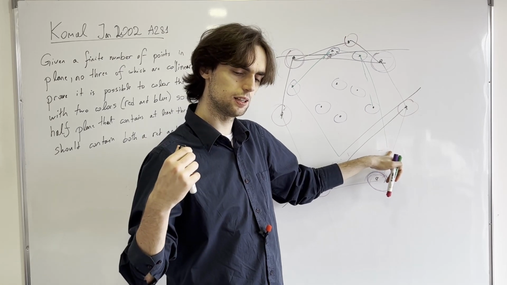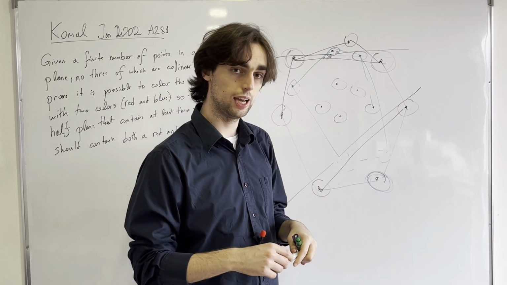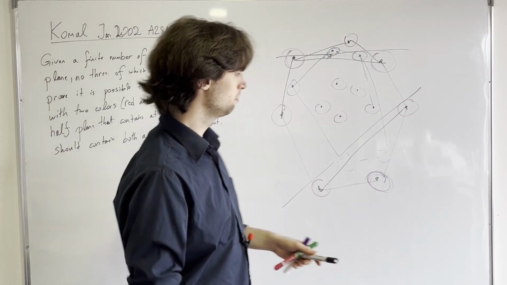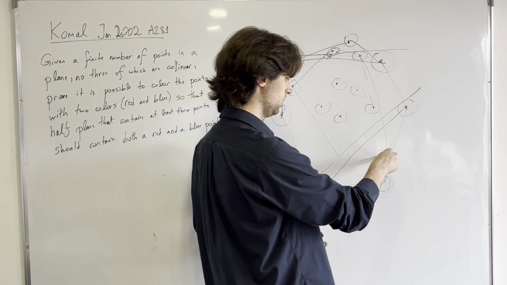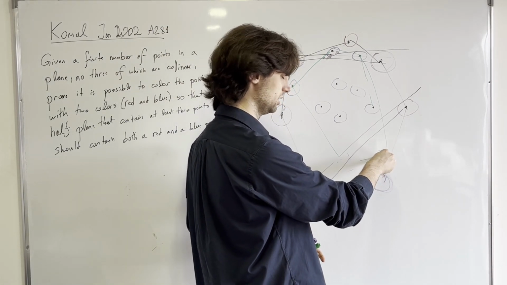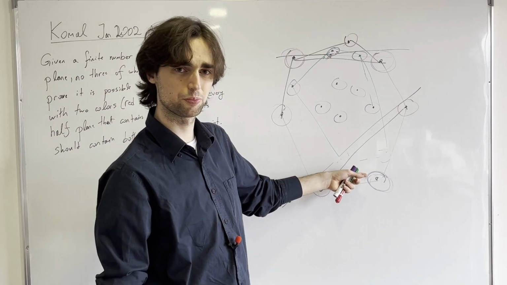On the other hand, if it contains 3 points on the convex hull, and they are all red, by virtue of our algorithm, it should also contain a point inside that's blue. Otherwise, we would have colored the middle one blue.